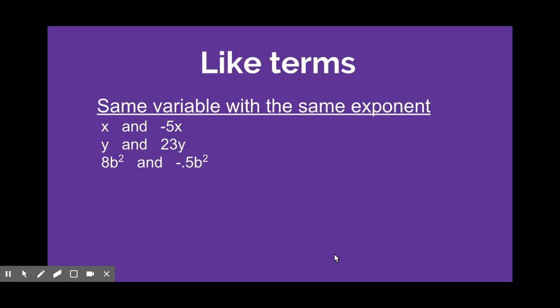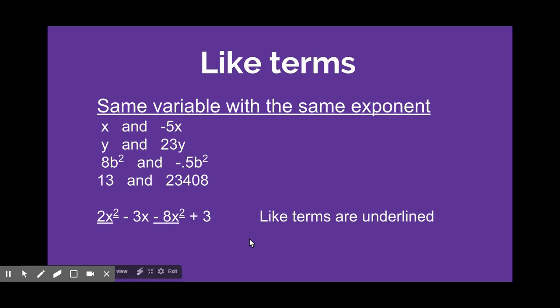8b squared and negative 0.5b squared. Those are like terms because of the same variable, b, and the exponent's the same, that 2. Same thing with numbers, 13 and 23,408. If it's just a number, no variable, then they're like terms. So for example, here we got two like terms.